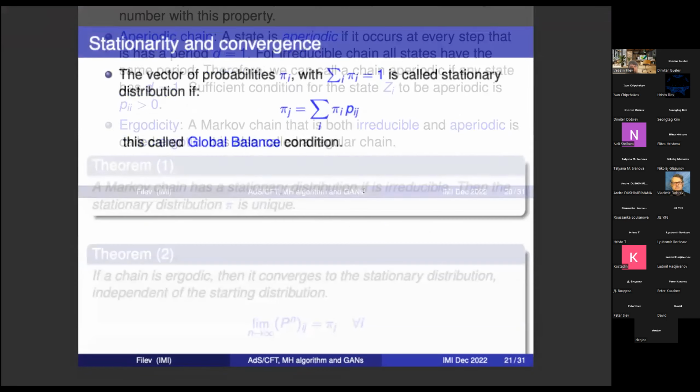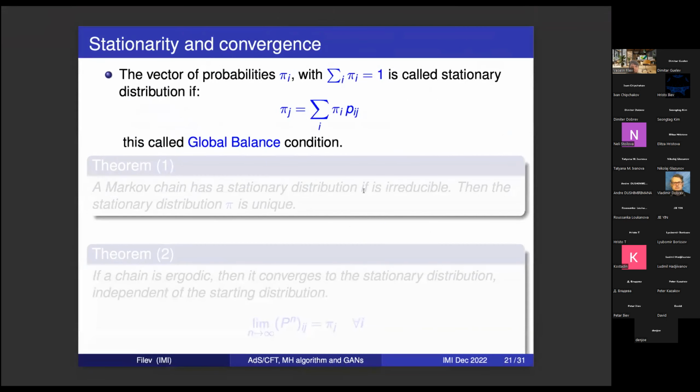Well, first of all, let's talk about stationarity and convergence. A probability vector Pi, which is the probability that you are at some time Tn in state i, is called stationary if it satisfies the following condition here.